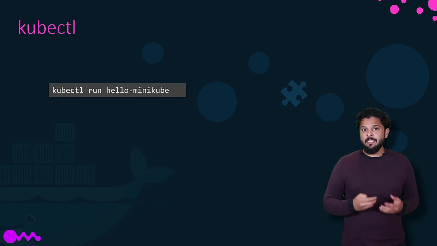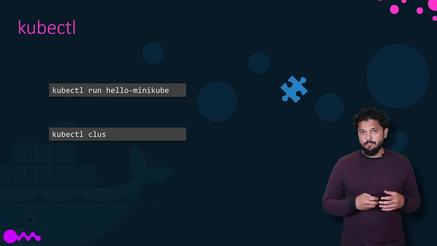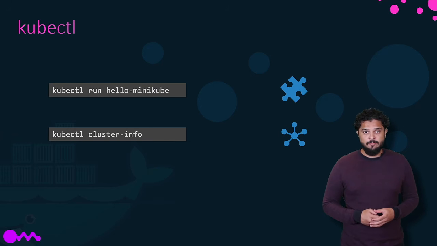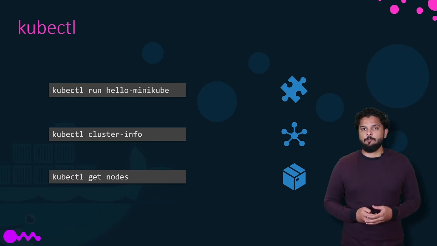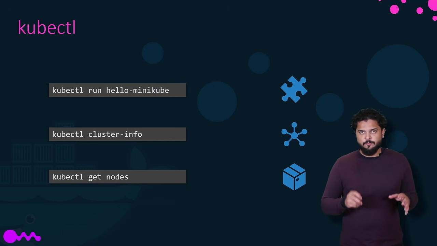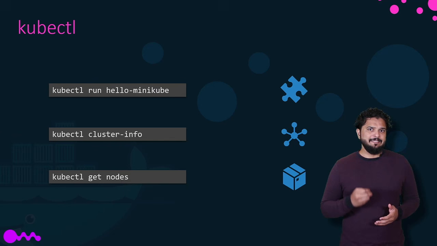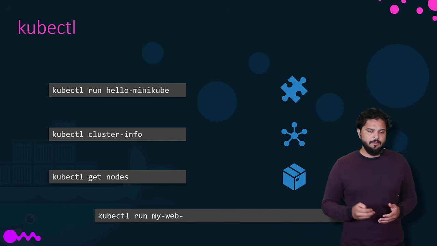The kubectl run command is used to deploy an application on the cluster. The kubectl cluster info command is used to view information about the cluster, and the kubectl get nodes command is used to list all the nodes part of the cluster. So to run hundreds of instances of your application across hundreds of nodes, all I need is a single Kubernetes command like this. Well, that's all we have for now.